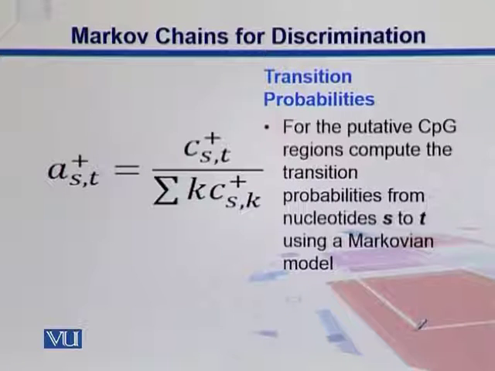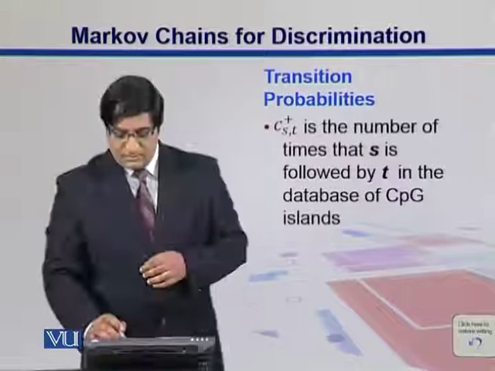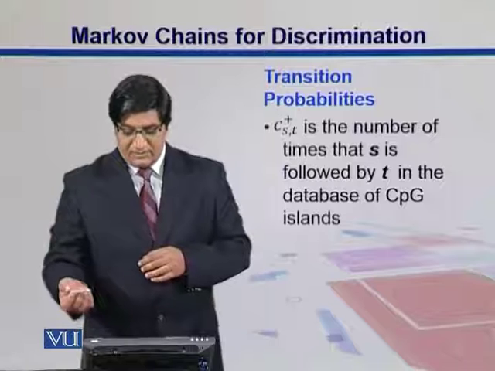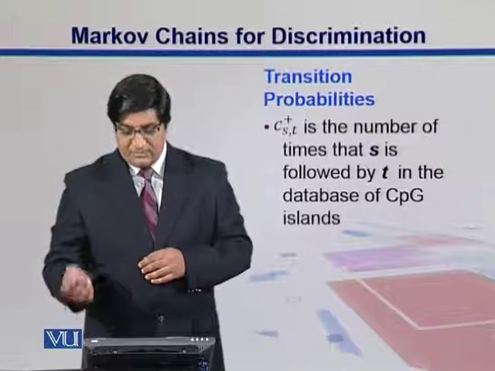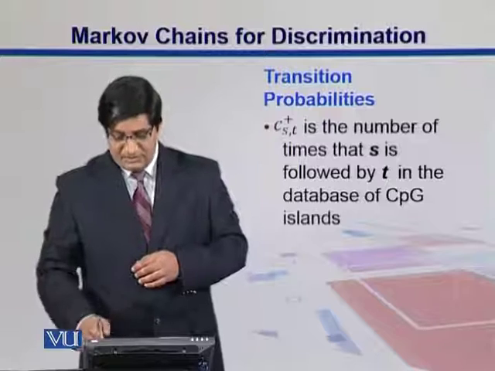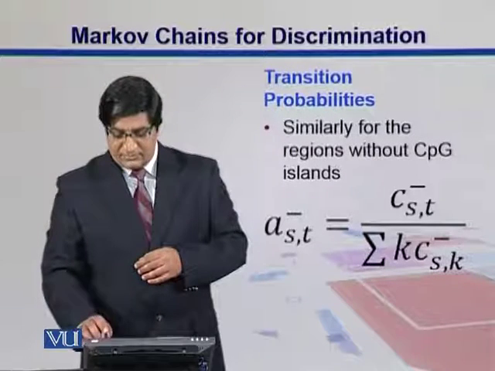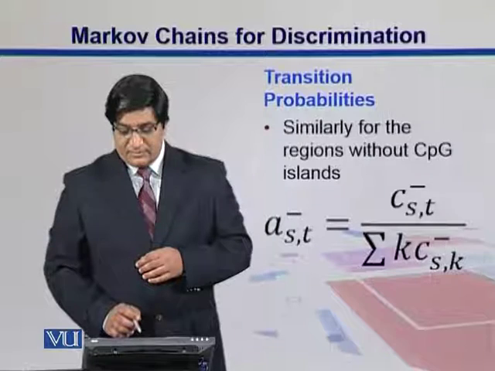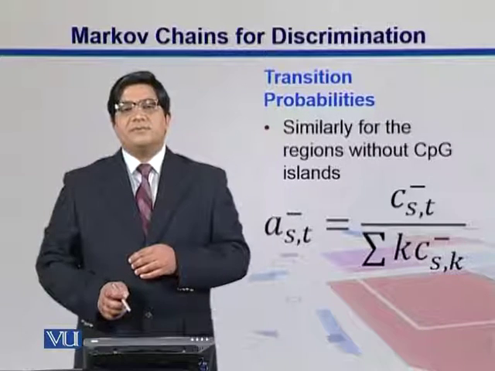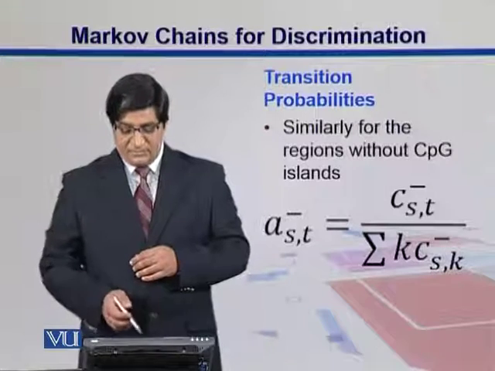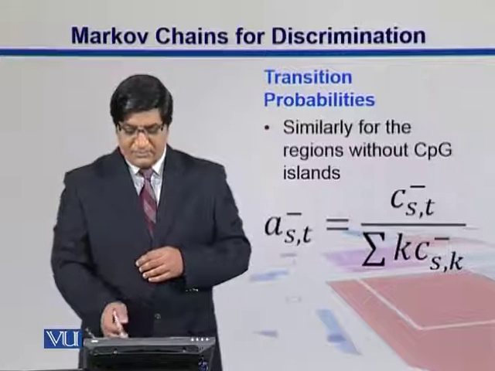In this equation, c_st is the number of times t follows s, and k are the states in this system. c plus st is the number of times s is followed by t, where plus means within the CpG islands. In the same way we have c minus st, for the regions without CpG islands, the CpG minus regions. For that we have the transition probabilities calculated like this.